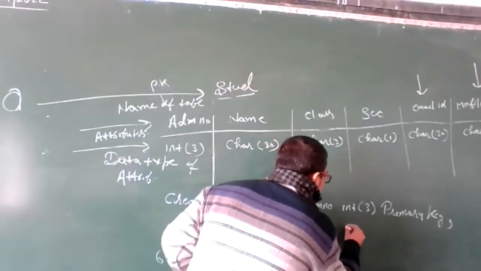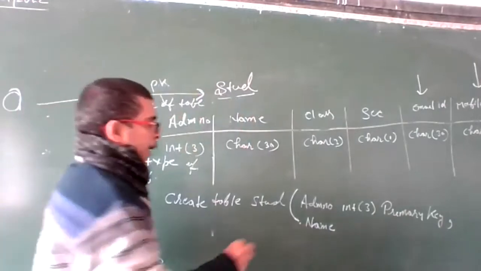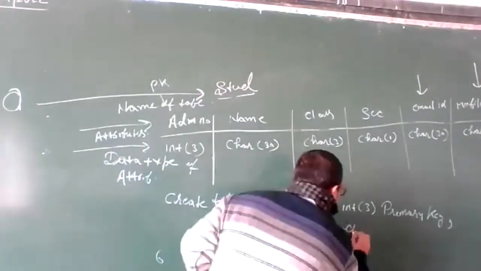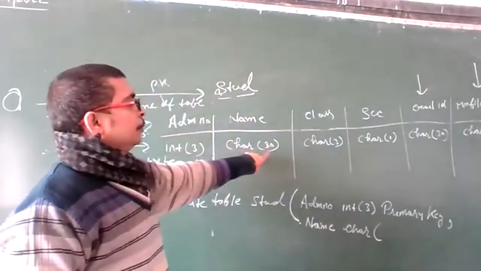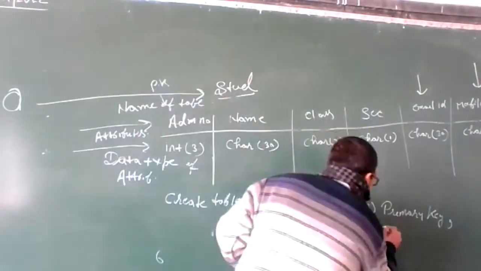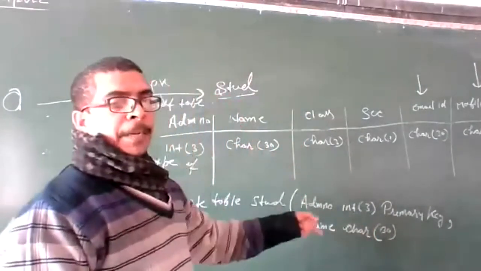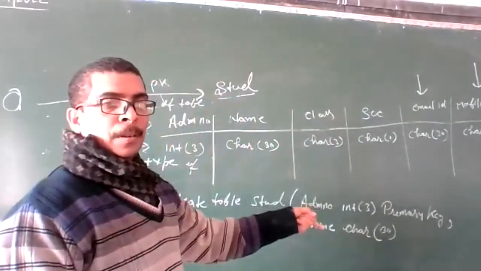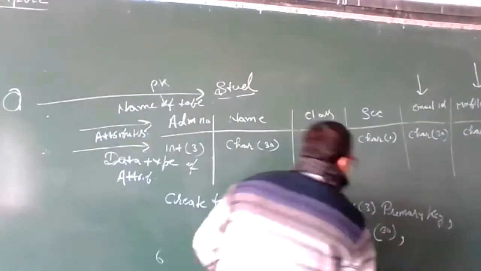What is the data type? Char. Size? 30. Okay. So what will I give now after this? Comma. Okay, comma.